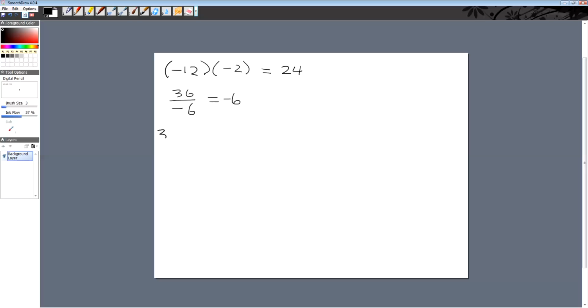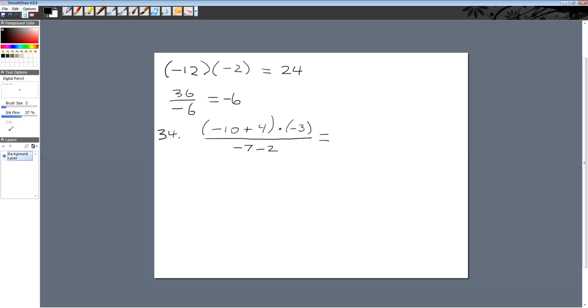In number 34, the problem is -10 plus 4 times, that dot means times, -3, all of this divided by -7 minus 2. So what we want to do here is we want to do the numerator separately.